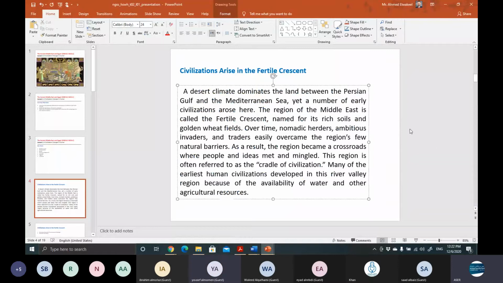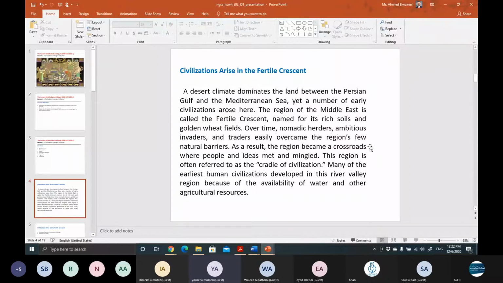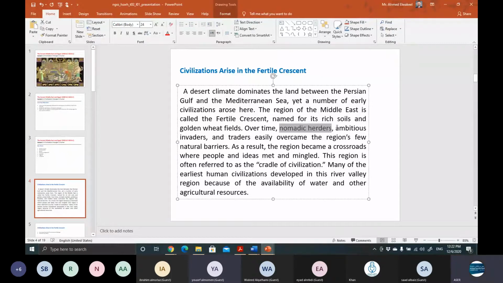All right. Civilizations arise in the Fertile Crescent. A desert climate dominates the land between the Persian Gulf and the Mediterranean Sea. Yet a number of early civilizations arose here. The region of the Middle East is called the Fertile Crescent, named for its rich soils and golden wheat fields. Over time, nomadic herders, ambitious invaders, and traders easily overcame the region's few natural barriers.